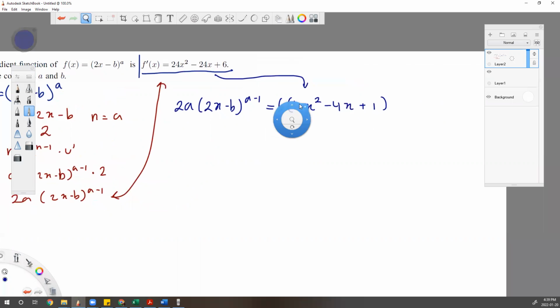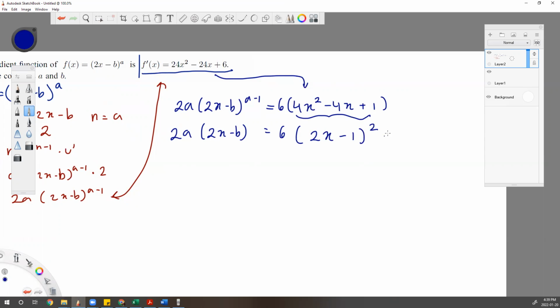Okay, we're almost done, but you need to factorize this. How can I factorize this? 2x minus 1 squared. Oh, sorry, a minus 1.